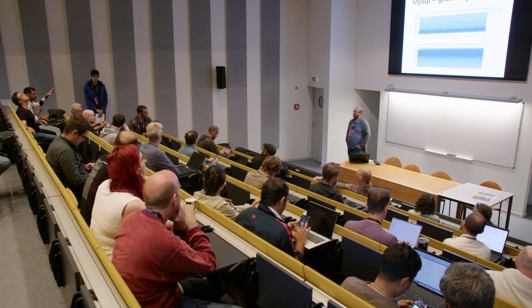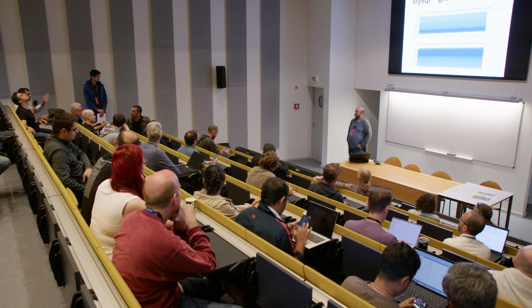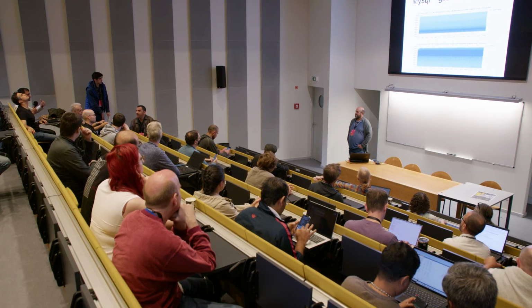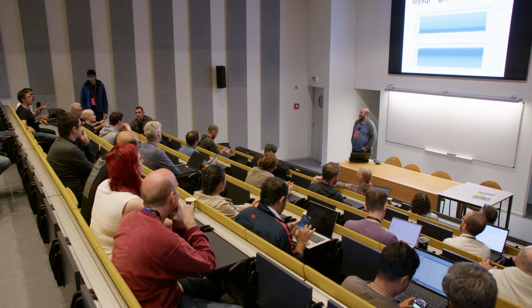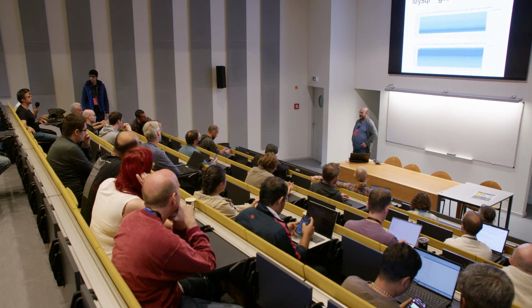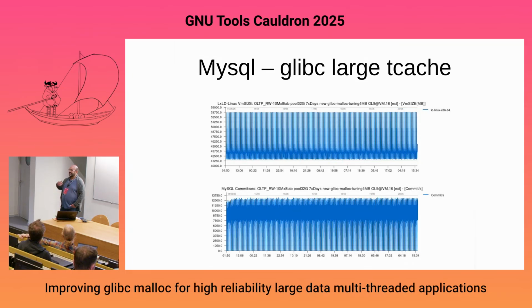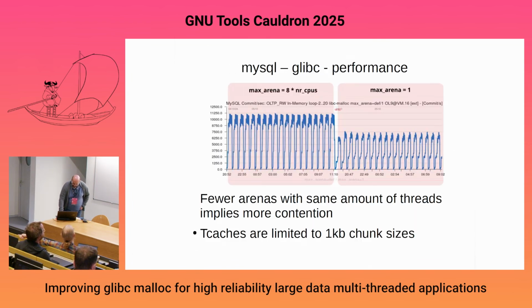Have you benchmarked or tried out just one arena per thread? Yes, we did benchmark, but the whole point in this particular case of MySQL was not the performance, it was really RSS. The more arenas you have, the more the memory consumption would grow higher and higher.